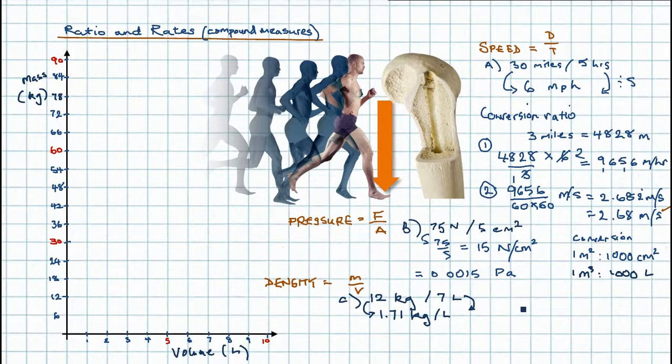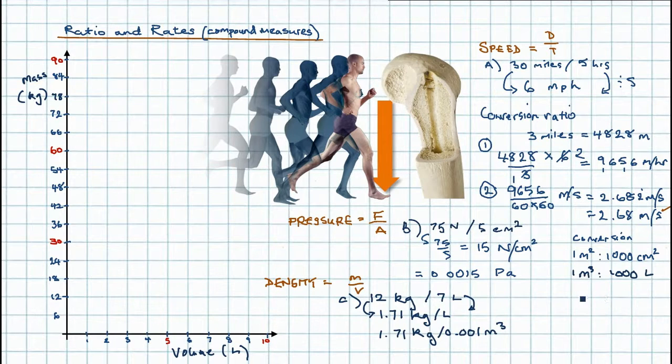Okay, so I can rewrite this now. 1.71 kilograms to every, well, it's got to be 1 divided by 1,000 then, hasn't it? So 0.001 cubic meters. So that's done that bit of the conversion.